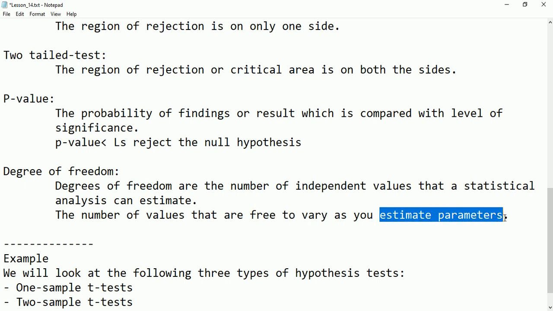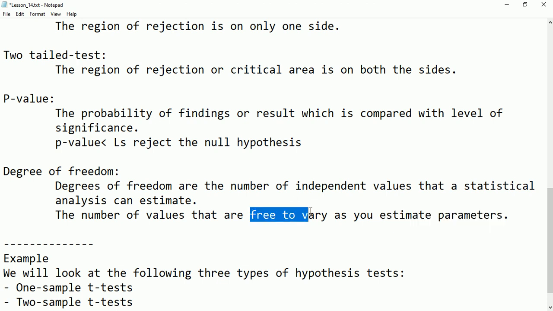It means these values are free and they can vary from one number to another. In degree of freedom, df is equal to sample size minus 1. If you remember, we said we will talk about this. What is this minus 1 here? Minus 1 means we are losing the freedom of at least one number.